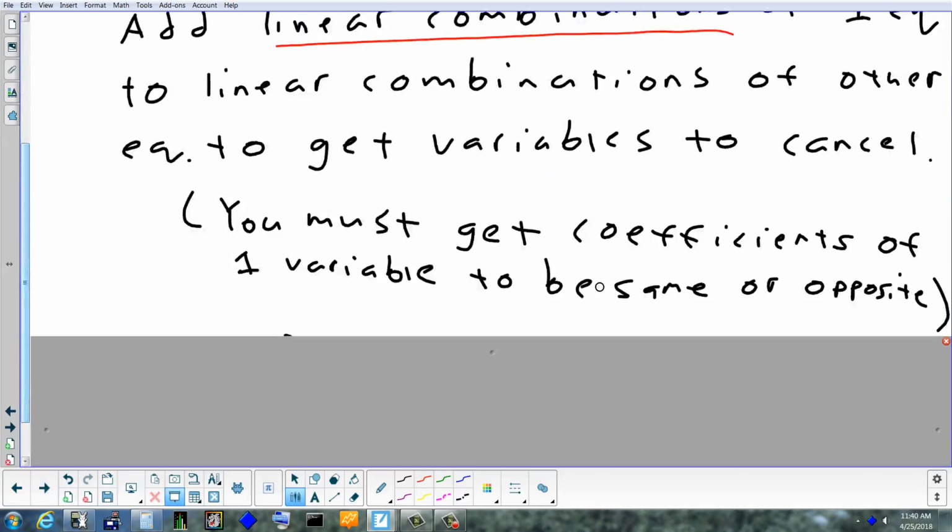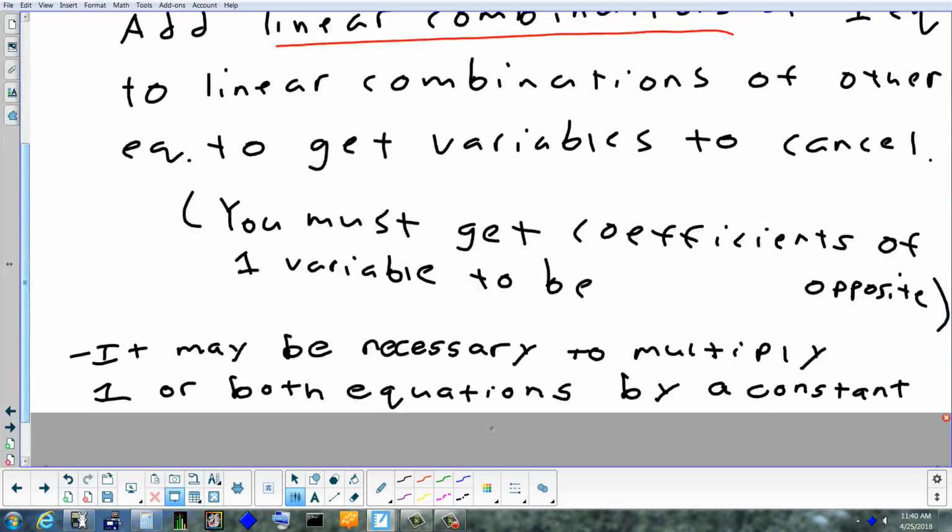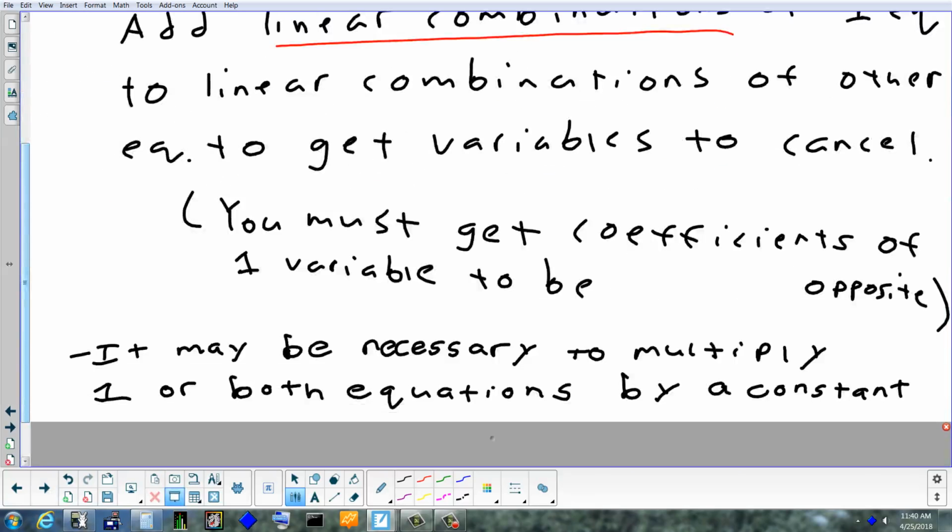So we'll just think of it that way. You're trying to get the numbers in front of one of the variables to be opposites. So it might be necessary to multiply one of the equations by a constant. Try not to multiply by fractions. You can, but it's going to make life harder. So try to multiply by numbers that are not fractions.